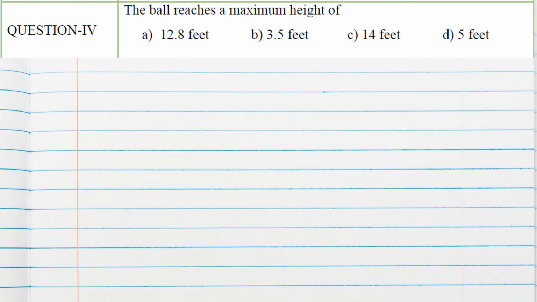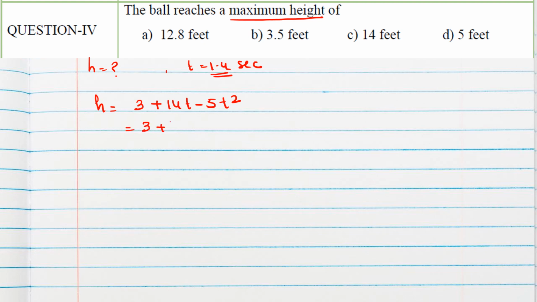Question number 4 is: the ball reaches a maximum height of. So in this case we should find the height, the maximum height, and we know after 1.4 seconds the ball reaches its maximum height, and the h expression given in the question is 3 plus 14t minus 5t square. So if we substitute t value as 1.4 we will get our maximum height. t square means 1.4 square.